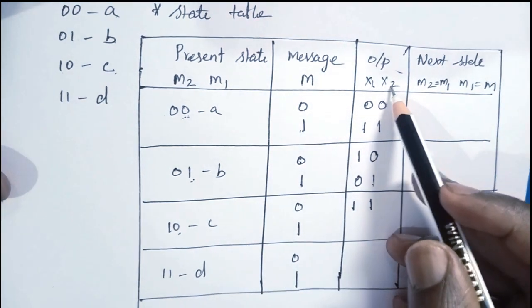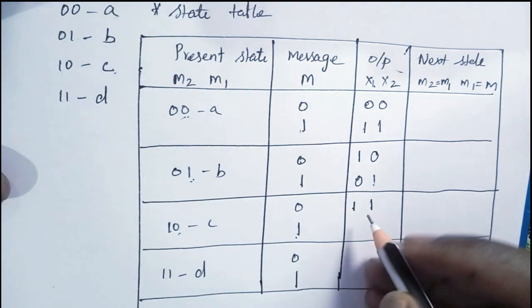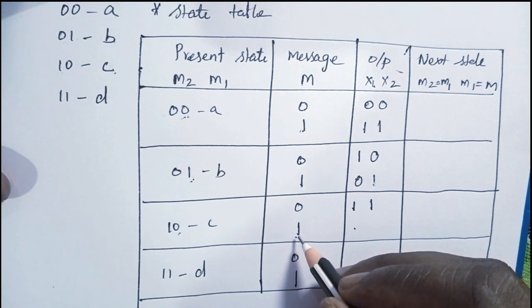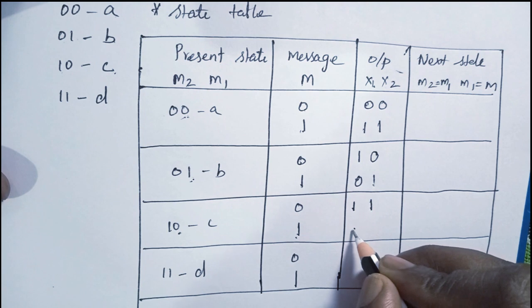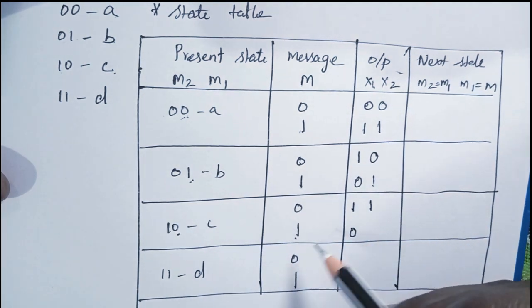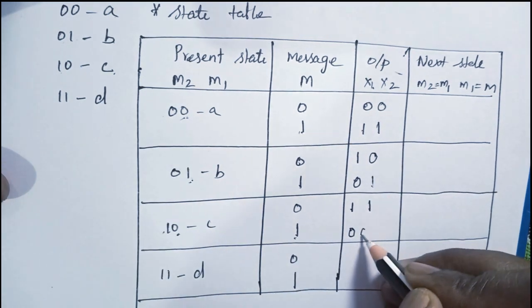So here x2, if the input bit is 1, it is 1 XOR 0, that is 1, again 1 XOR 1 is 0. Okay, then we have x2 is 1 XOR 1, which is going to be 0.